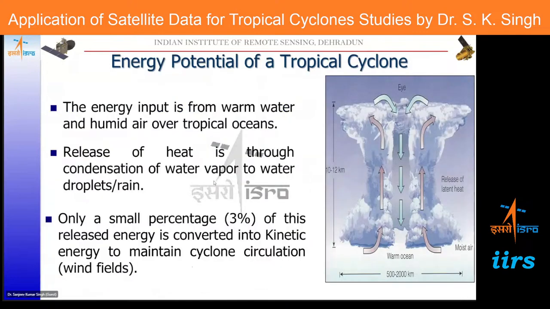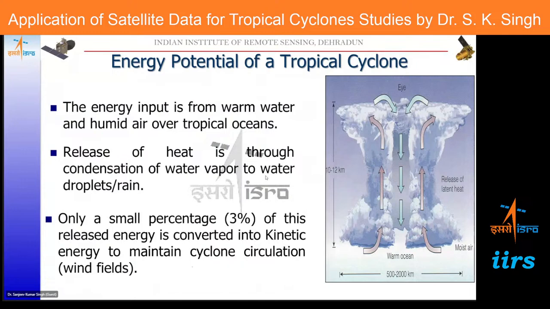This slide shows the energy potential of the tropical cyclone, from where the tropical cyclone gets its energy. Mainly the energy input is warm water and humid air. As you know, when the low pressure forms, moisture goes up into the troposphere at a higher level, where it condenses and forms cloud.